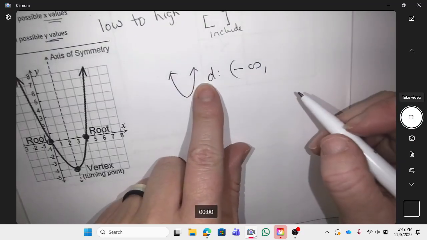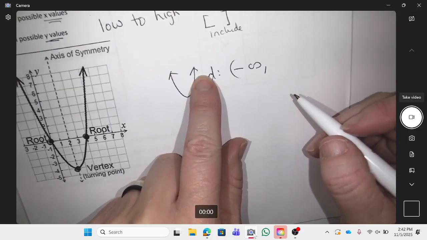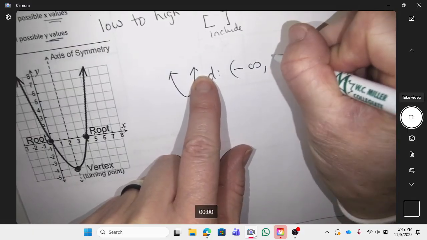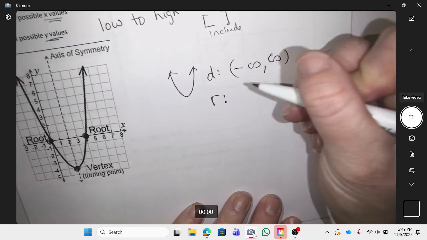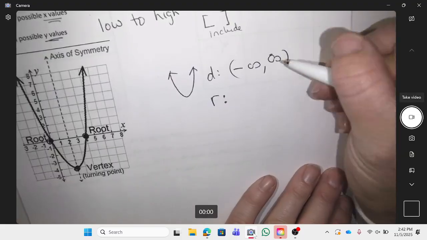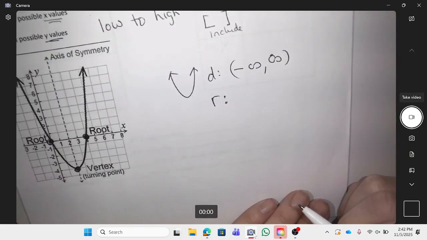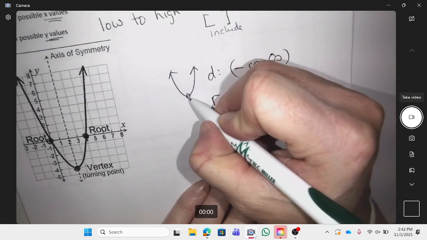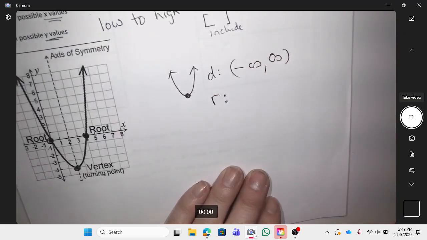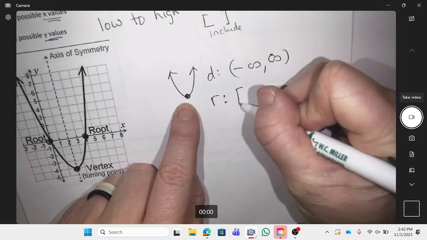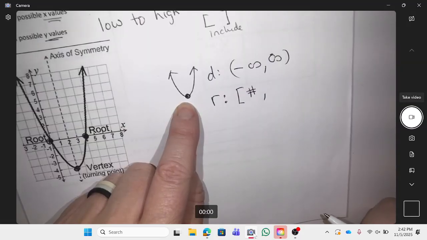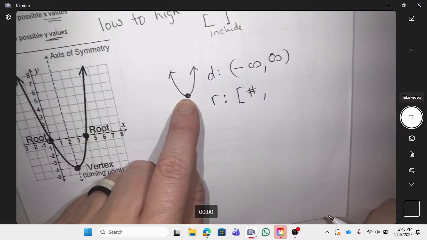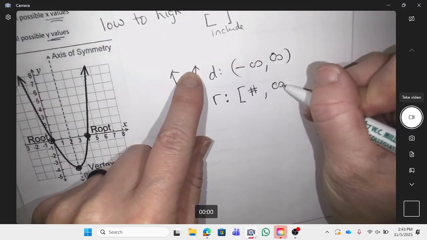How far to the right is this going to travel? Positive infinity. Then the range, it's going to be on the bottom some kind of number depending on the graph. And then how far up would this go? Infinity.